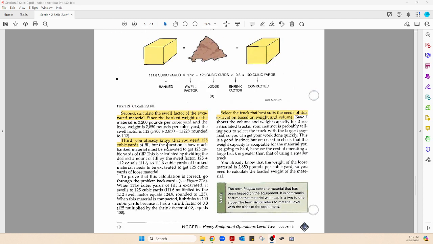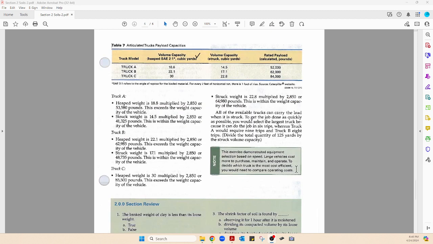Best suits, table 7, select a truck larger class, so you already know. It just goes and tells you. I don't think it solves it. I thought it did. Anyway, I feel like I solved it.